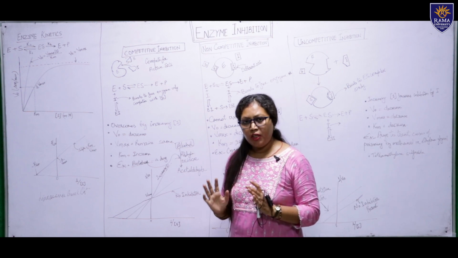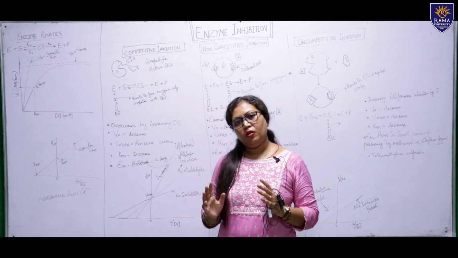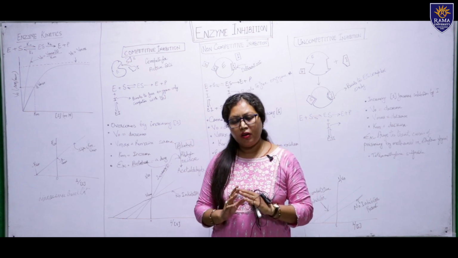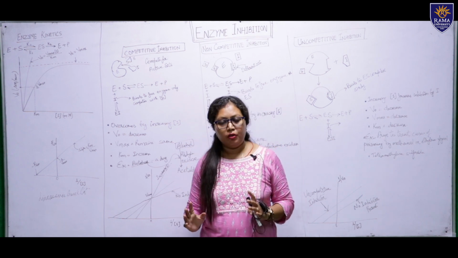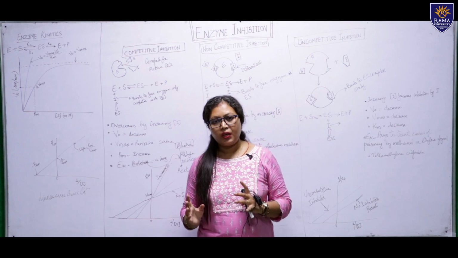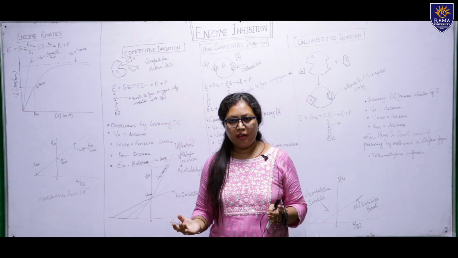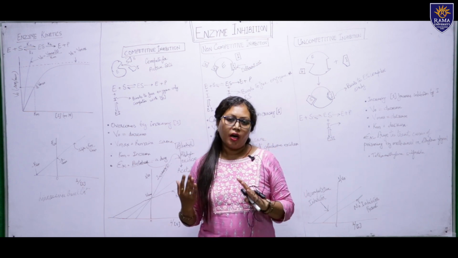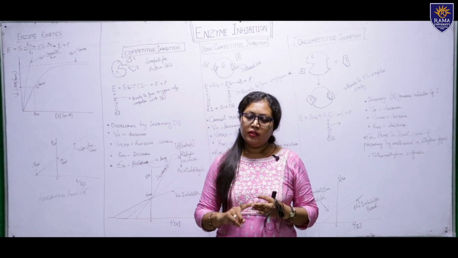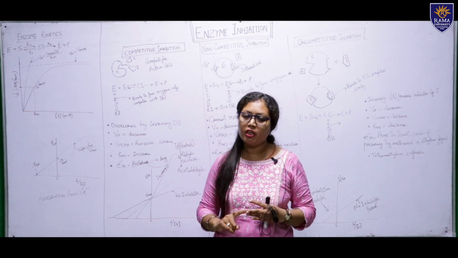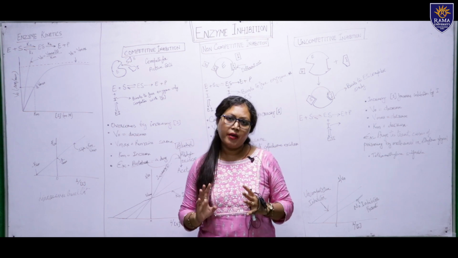So, there are some inhibitors. Can we say that enzyme inhibition is always harmful? No, it is not harmful, because in our day-to-day life, most of the herbicides, pesticides, and most of the drugs which inhibit the cell wall of bacteria are enzyme inhibitors.